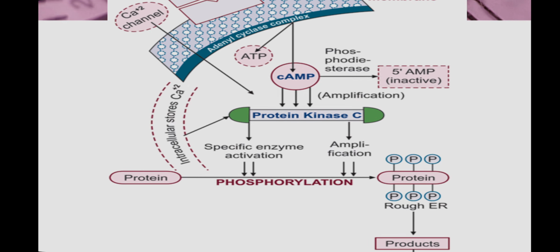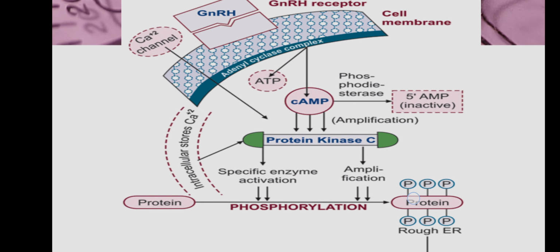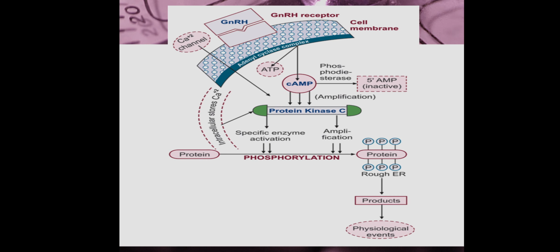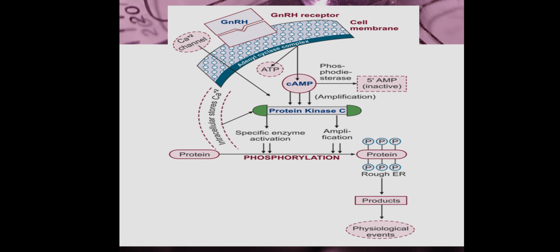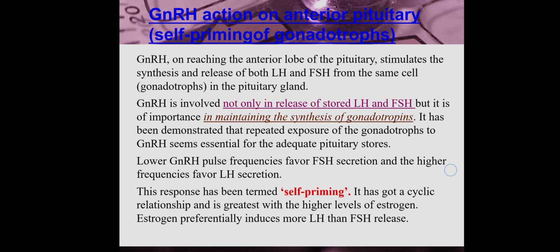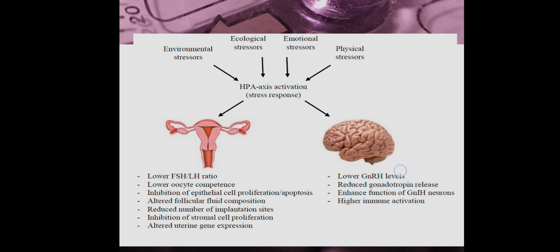And in this phosphorylation, protein kinase C along with the calcium and the cAMP complex is acting together to release this gonadotrophin.